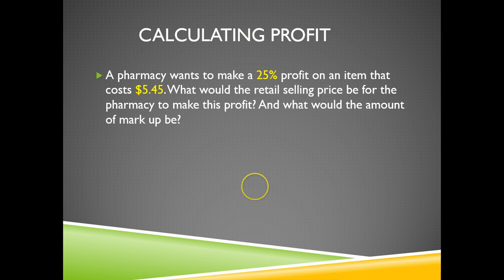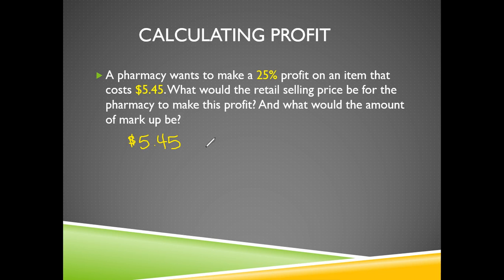The next type of problem is when we calculate profit. Profit is the same concept as markup. So let's take a look at what this is going to look like. If a pharmacy wants to make a 25% profit on an item that costs $5.45, what would the retail selling price be for the pharmacy to make this profit? Second question would be, what would the amount of the markup be? So I need to apply this profit.